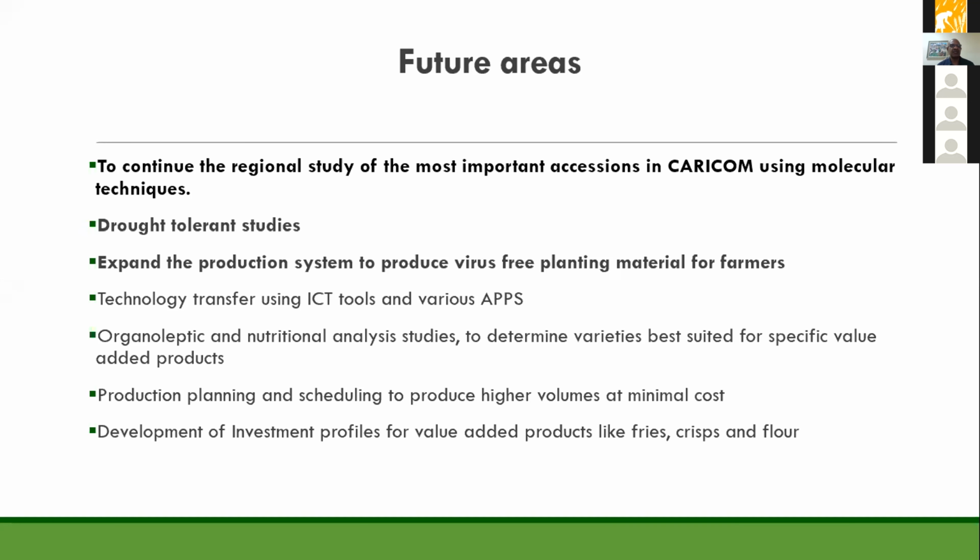Drought tolerance studies: the PPCR project again has provided resources under the agricultural component to support studies which are ongoing in Jamaica on sweet potato, and we're actually repeating the experiment done last year to ensure that we have the scientific integrity in the results that will go also to support the modeling and the use of the DSSAT and AquaCrop models.